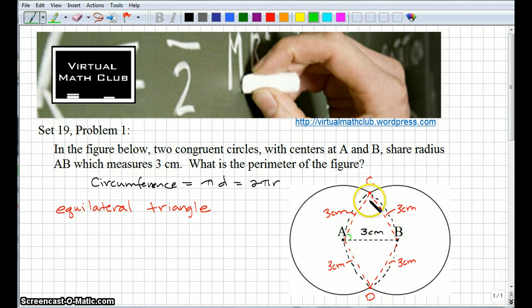So this angle and this angle and this angle will all be the same, as well as this angle and this angle and this angle. What's the measure of that angle? Well, you know there's 180 degrees in the triangle, and if we divide 180 by 3, we get 60 degrees. So each one of these angles is 60 degrees.